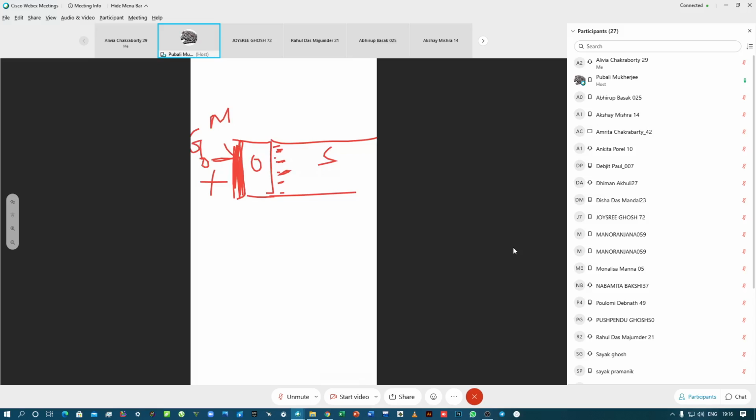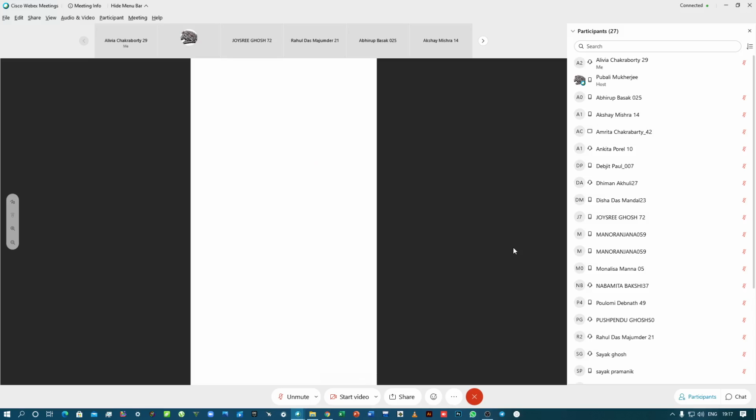So let's go back to the energy band diagram. Fine. So this is the metal, this is the gate, this is the oxide.